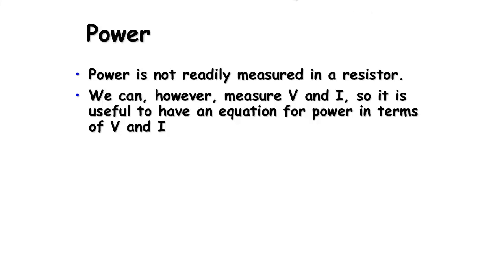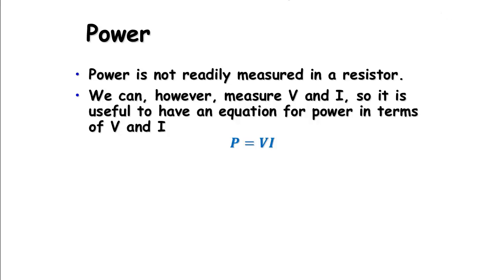So the equation in terms of voltage and current is voltage times current, which is the power consumed. The reason for this is we have joules per coulomb multiplied by coulombs per second, so the equivalent units we get out are joules per second. Just by analysing the units we can see that it comes out correctly.